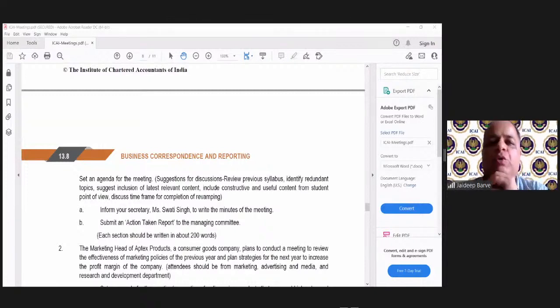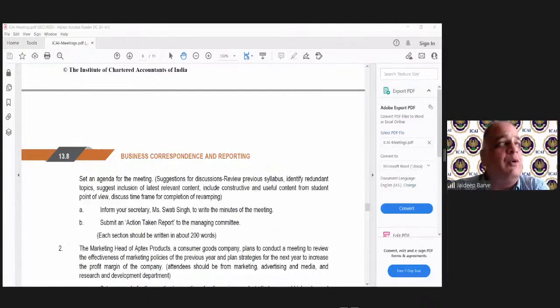So I hope all of you have understood what the purpose of meetings is, how the agenda is supposed to be written, how the minutes are supposed to be drafted, and what an action taken report is. See, these are not very hard items on your syllabus. So do a good reading. I'm sure you will do well in your exams. Write in good language.